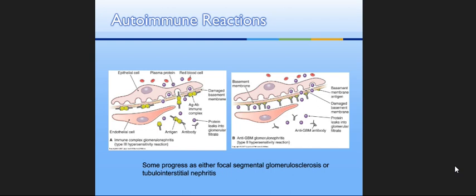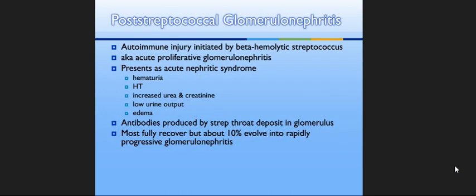Let's speak about some subgroups of this major category. Let's take as an example what was called post-streptococcal glomerulonephritis. Nowadays, it is called post-infectious glomerulonephritis. Let's say it as an example.